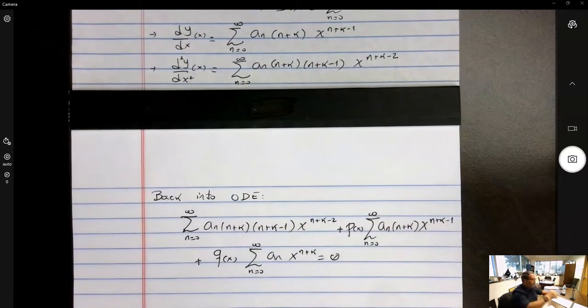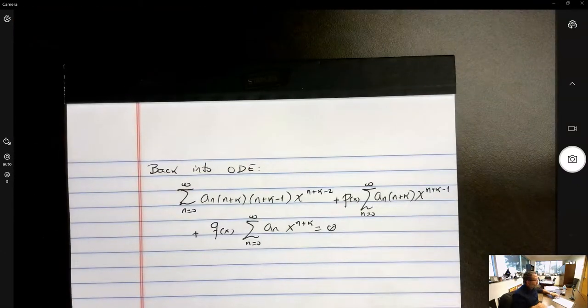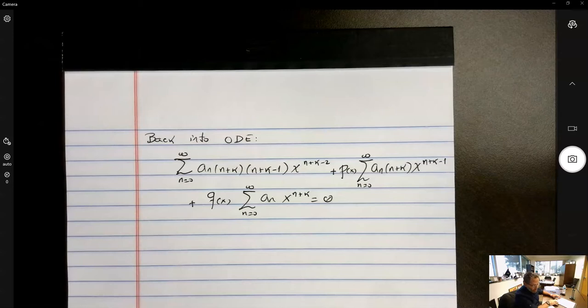Okay, so that's that assumption, that trial function, that power series, now plugged into the ODE.